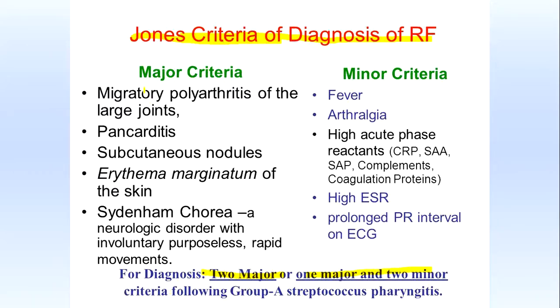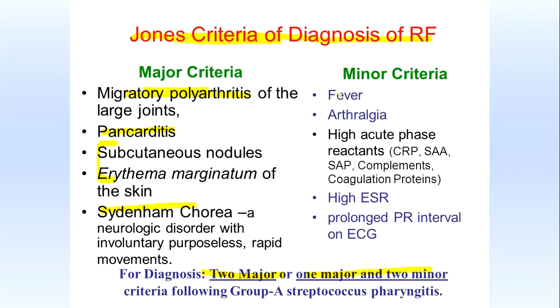Now, what are the major criteria? Major criteria are migratory polyarthritis of large joints, pancarditis, skin changes like subcutaneous nodules and erythema marginatum, and CNS changes like Sydenham chorea. It is a neurological disorder with involuntary, purposeless, rapid movements.